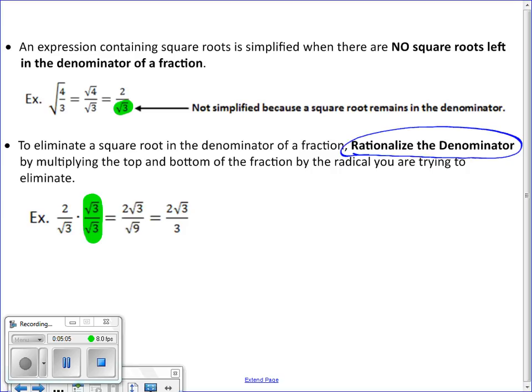Now, I want you guys to get in the habit of saving yourself some time, okay? Every time we do this process, radical 3 times radical 3 ends up being 3. So if I ask you what's radical 5 times radical 5, you would tell me it's radical 25, and the square root of 25 is 5. Anybody sensing a pattern here?